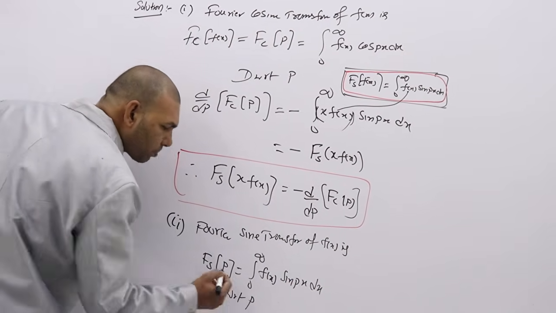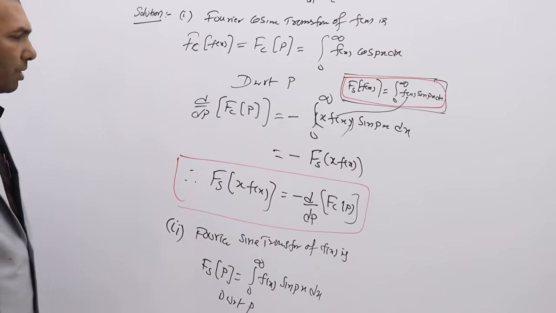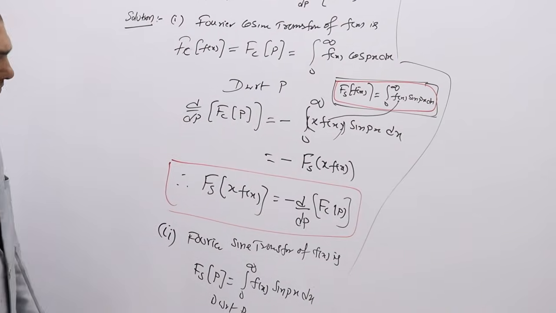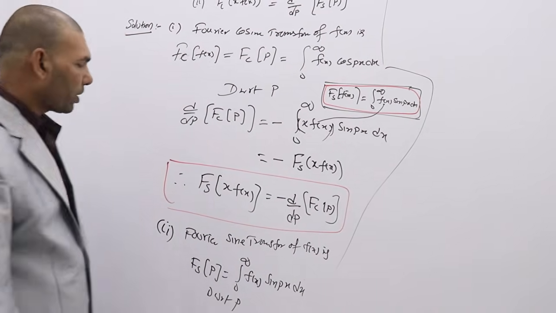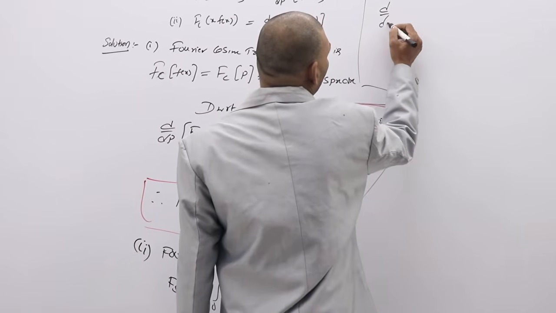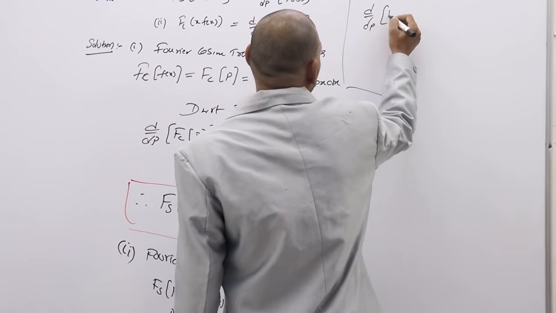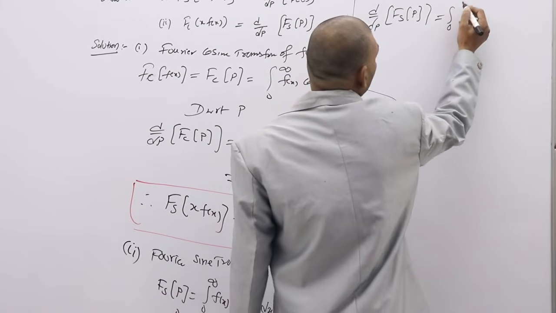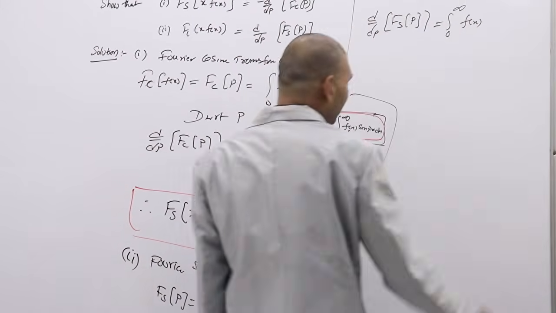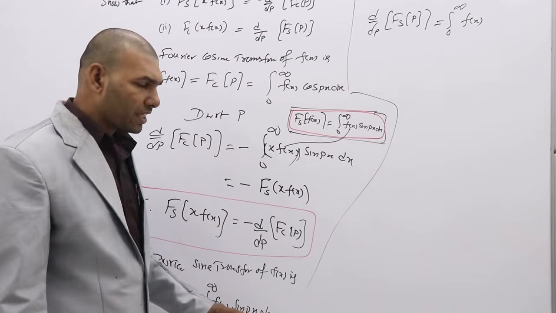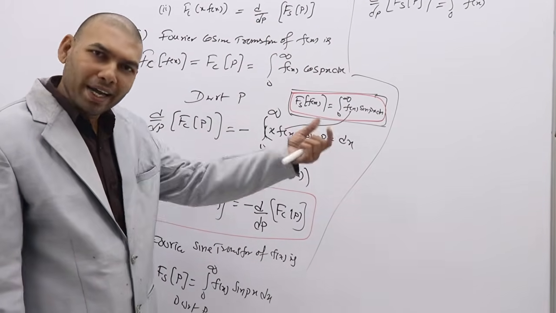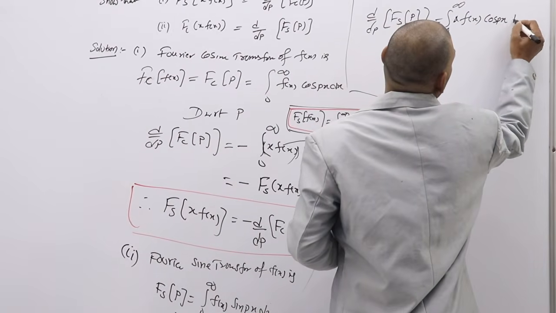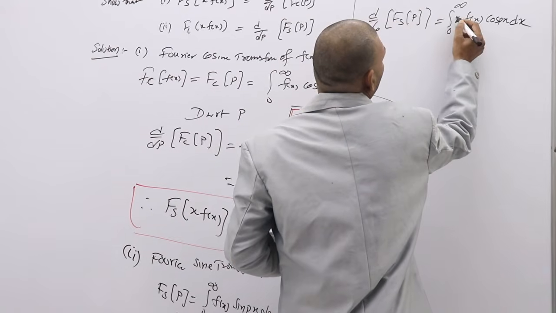Differentiate this with respect to p. If you differentiate with respect to p, what will you get? d by dp of fs of p equal to integral 0 to infinity, differentiation of sin px is cos px. Again, the p coefficient you need to write here, x cos px dx.